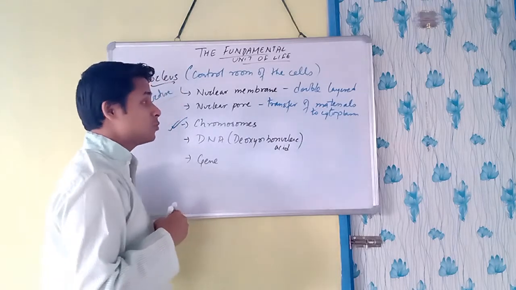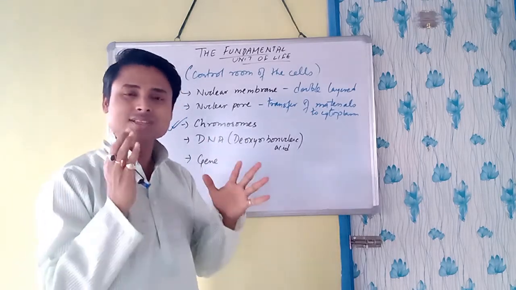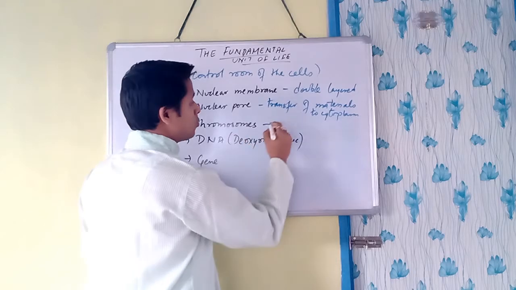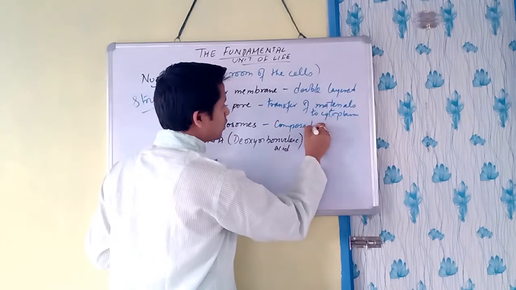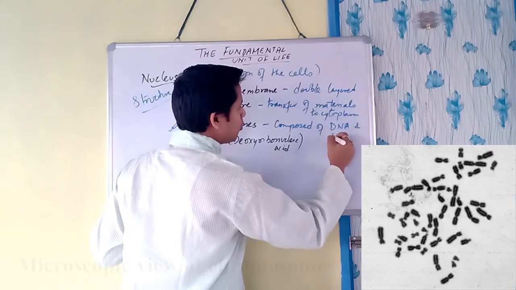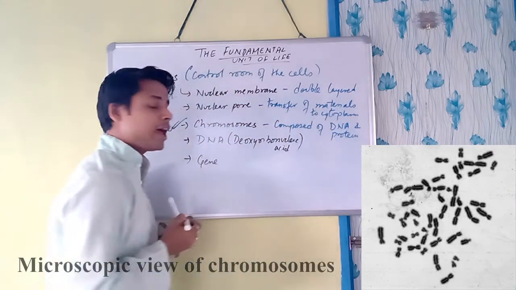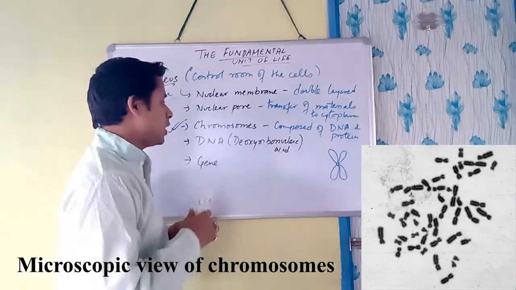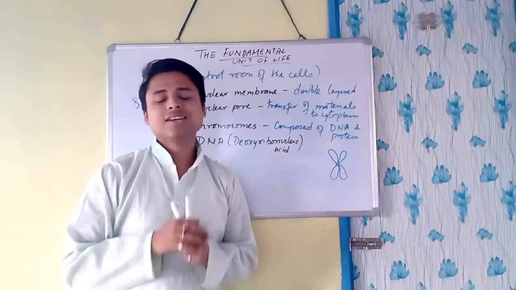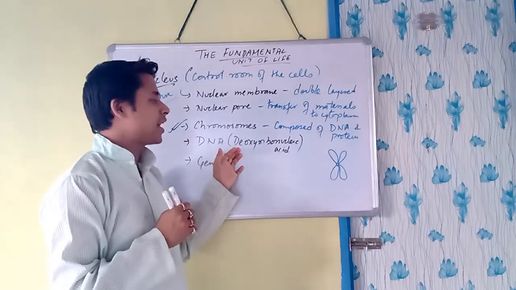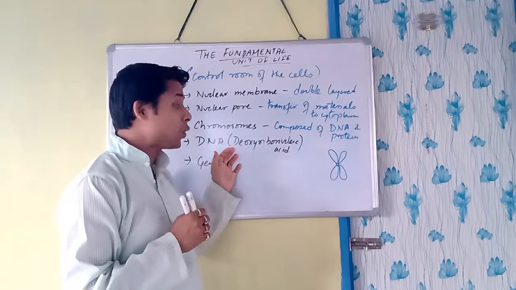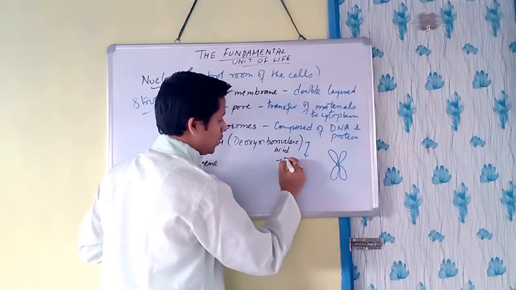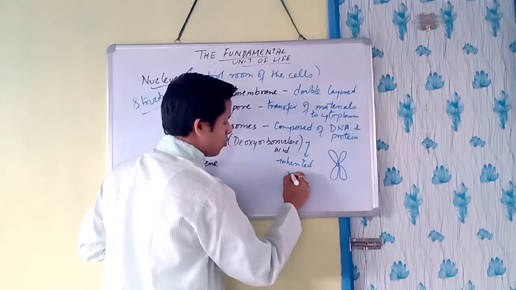These chromosomes are present inside the nucleus. The chromosome is composed of DNA and protein, but it is mainly made up of DNA. DNA is deoxyribonucleic acid. This deoxyribonucleic acid carries inherited information.